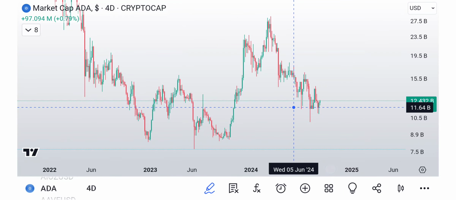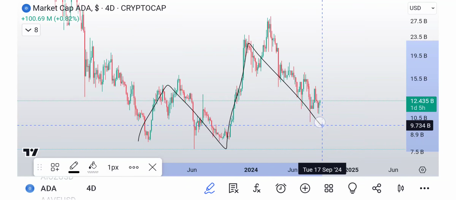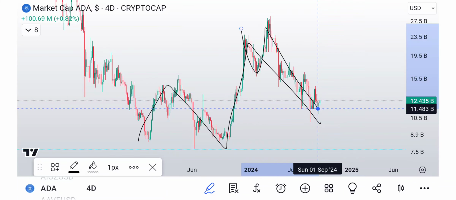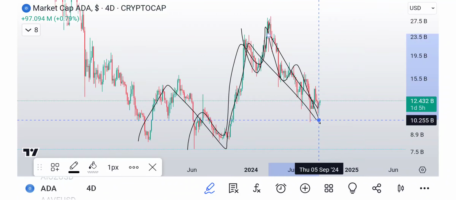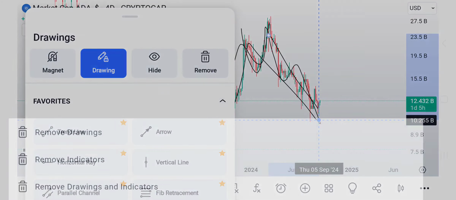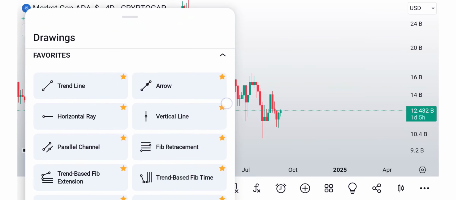Same thing with ADA. It looks like a 1, 2, A, B, C. Or actually, I would probably say 1, 2, 3, 4, 5, and this be A, B, C down here. Now, I don't like ADA right now because it looks like it's bottlenecking, right? You see that?